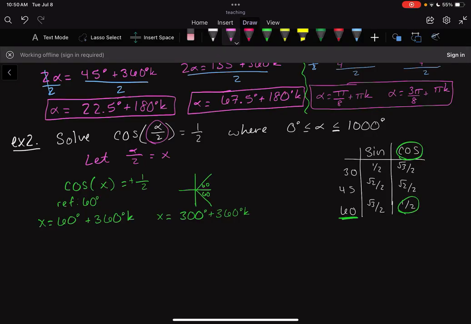Okay, but we're not done because we need to replace that x, we need to put alpha over 2 back in. So I'm just putting that back in my problem. And now I need to solve for alpha. So in this case, that's going to be multiplying by 2.